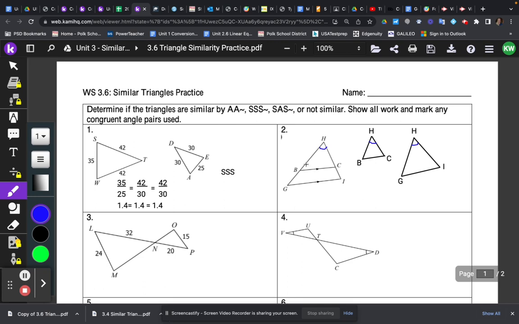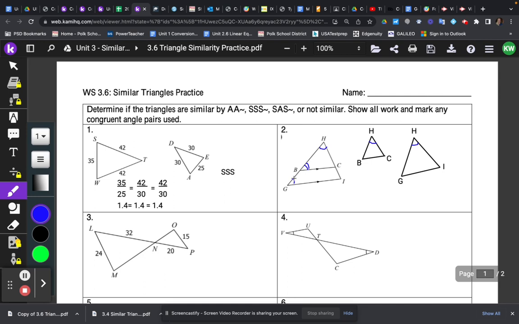The next pair of angles that I see would be the angle formed from H to B to C, and I'll put a double mark on that one. And it will actually be congruent to angle H to G to I.